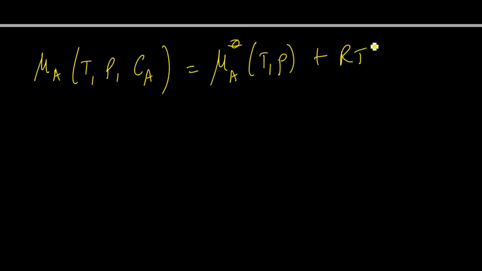What you write is mu of concentration of A is equal to mu A at the standard state at that temperature, pressure, plus RT log concentration of A. Now this concentration of A could be molarity, molality, whatever units you prefer, it's fine. Of course, implicit over here is the standard concentration. Now, anything that is an argument of a log is dimensionless.